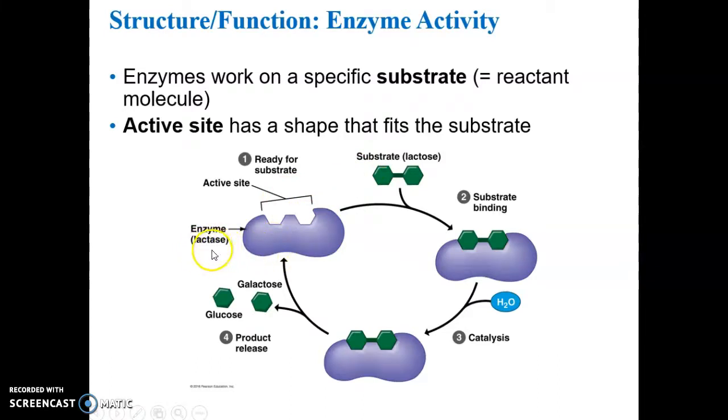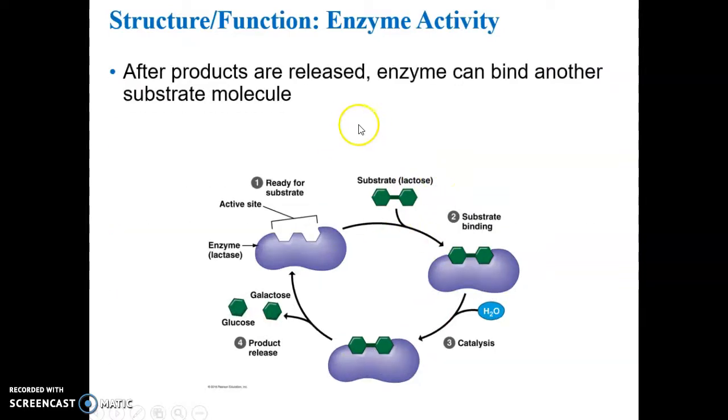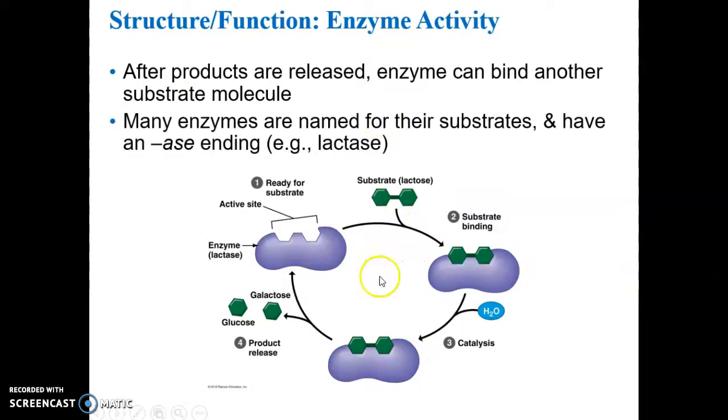Most enzymes have an ASE ending, and often the name gives you a sense of what the substrate or reactant molecule is. Lact for lactose, ASE for the enzyme that latches on to and speeds up the chemical breakdown of lactose. Okay? So after the products are released, the enzyme can bind onto another substrate molecule and just do it again and again and again.